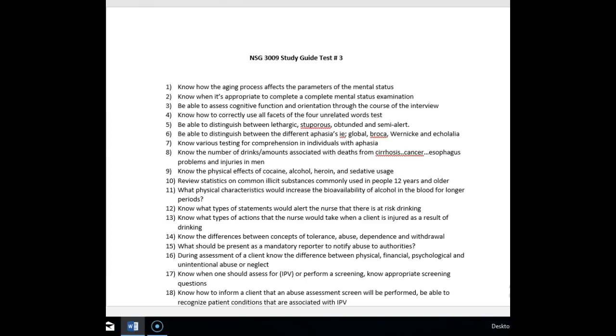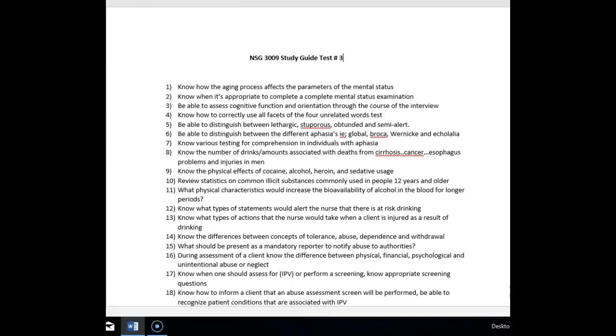Usually they'll be euphoric in a pleasant state of relaxation and tranquility. But they do have a slow time perception, impaired judgment, and they can also be suspicious, paranoid, withdrawn, that type of thing as well.